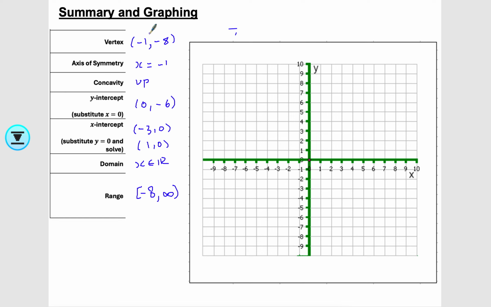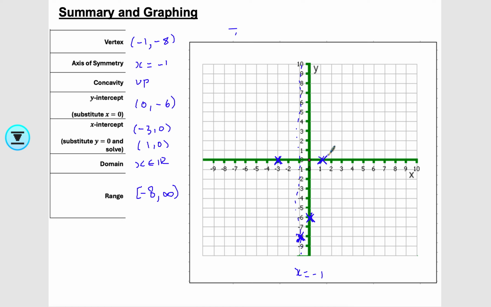So for all the coordinates, just point it out on the graph. You have the intercepts first, so you have -3. You have 1. You know your axis of symmetry will be here. We tend to do it with a dotted vertical line. So x equals -1. The vertex is at -1, -8. And my y-intercept is at 0, -6.